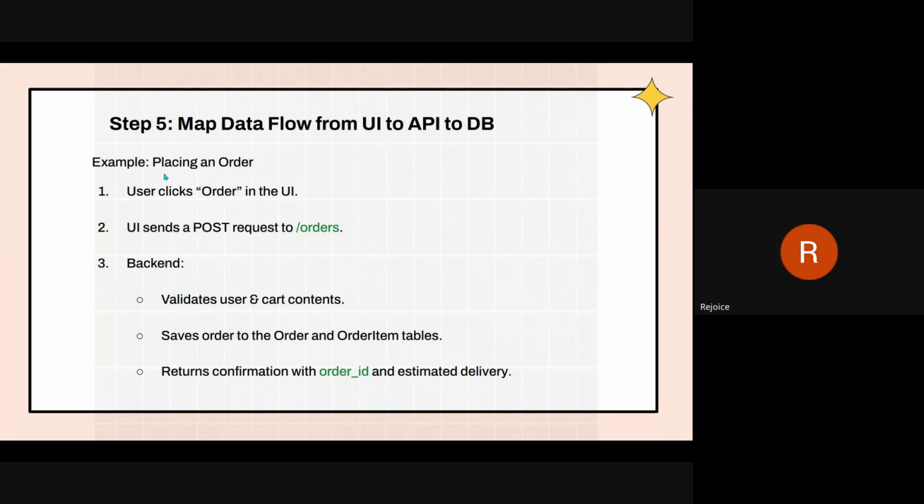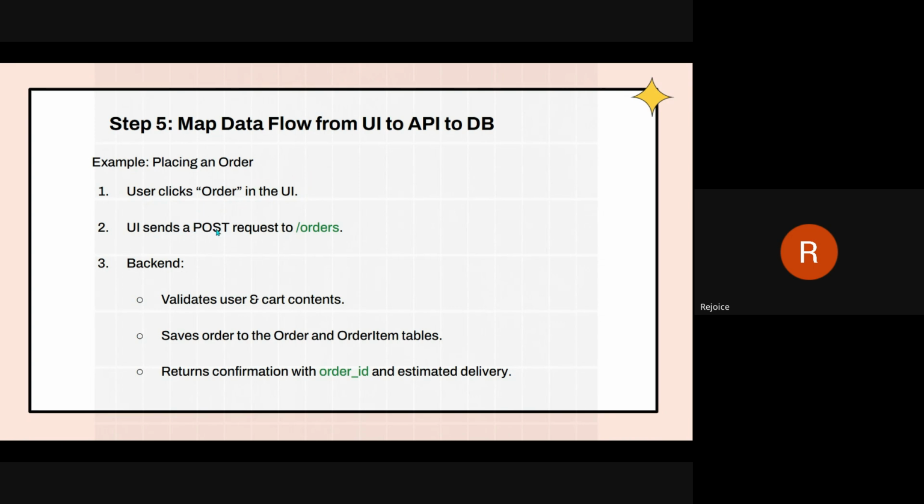A very quick example of the flow from UI to database and back is when a customer places an order. There are other data flows, maybe when a customer onboards or tracks an order, but we're going to use just one example. The user clicks on order in the UI, the client side.